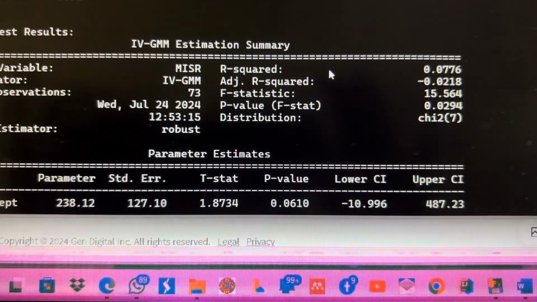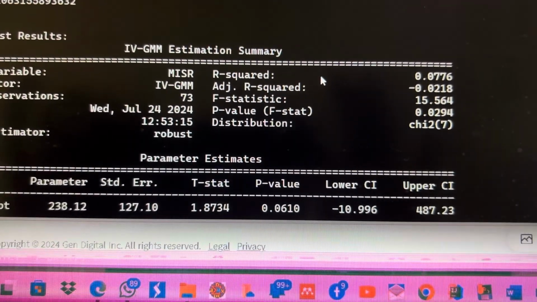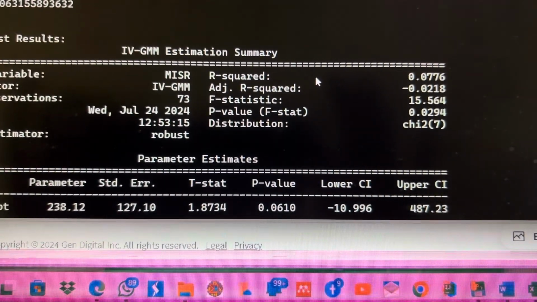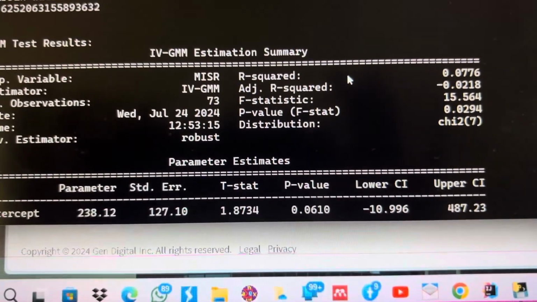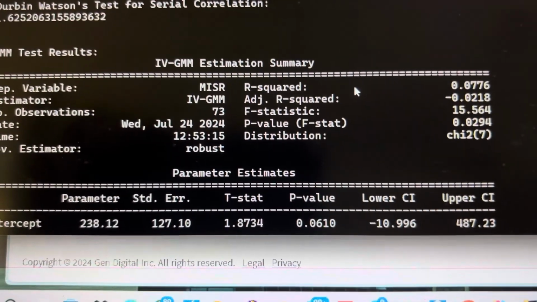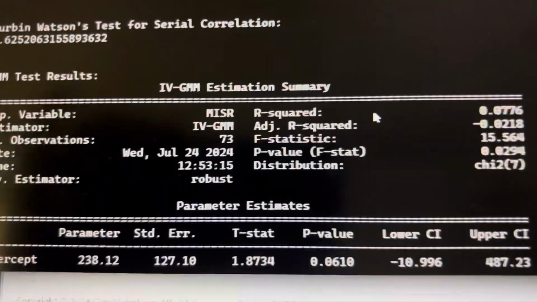Now, other statistics, the F statistic is 15.564, and the P value is 0.02, which is very significant. So you can see it means that the model is fit.